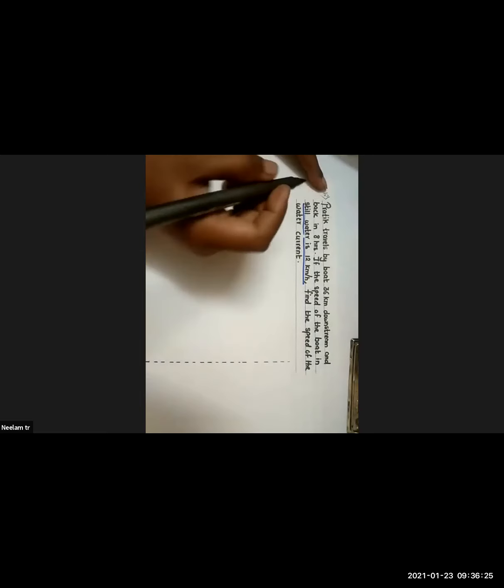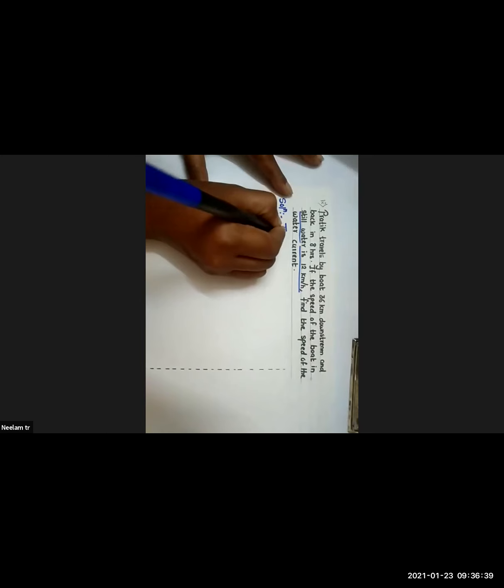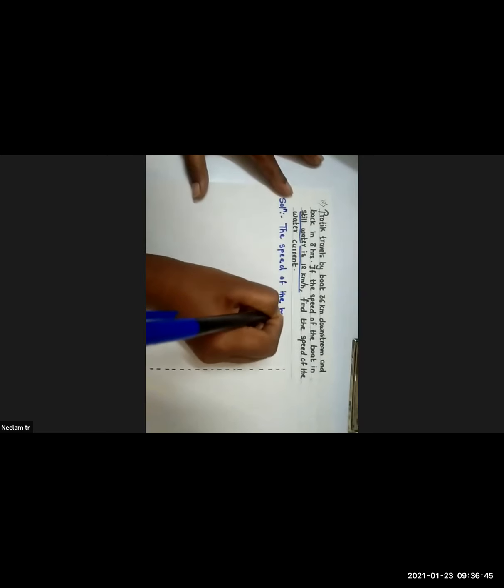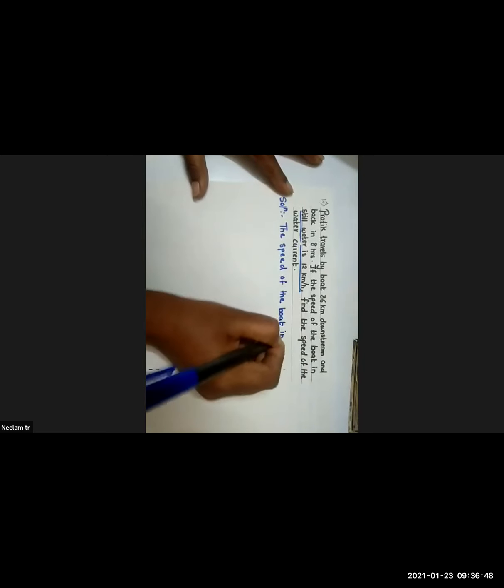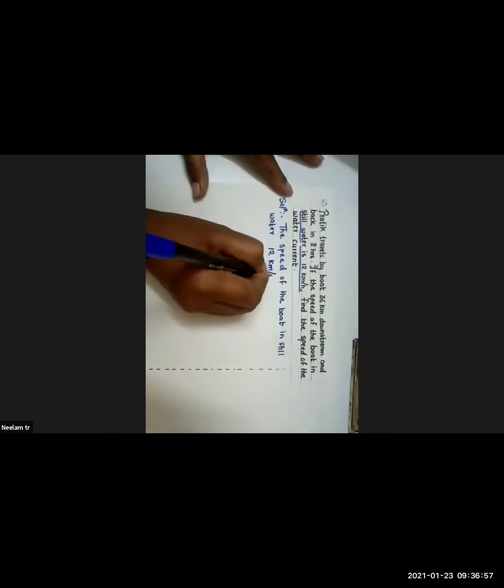So write the statement: the speed of the boat in still water is 12 kilometer per hour.